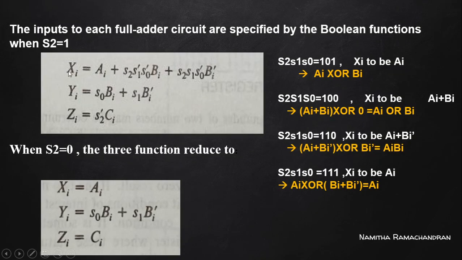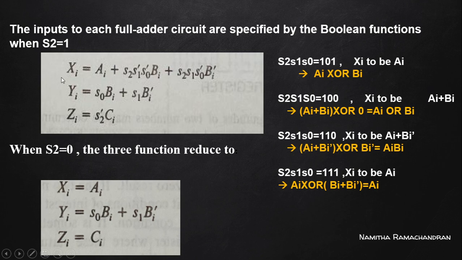Okay, so consider this: Ai plus, substituting these values, S2 is 1, S1 is 0, S0 is 0. S2 is 1, 1 plus 0 complement, 1 into 0 complement and 0 complement Bi. That is 1 and Bi is Bi itself. Then this term, S1 is 0, so this term becomes 0. Now Xi becomes Ai plus 1 and Bi, which is Bi.